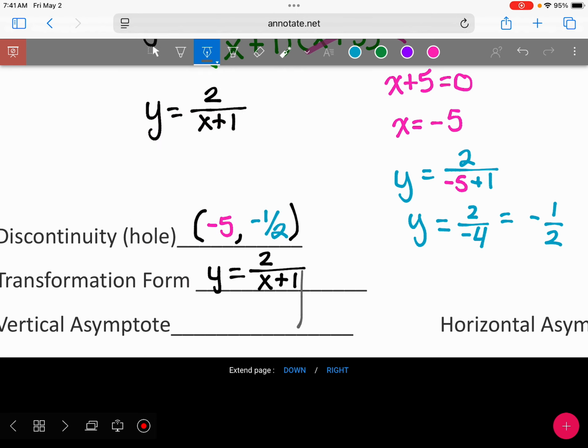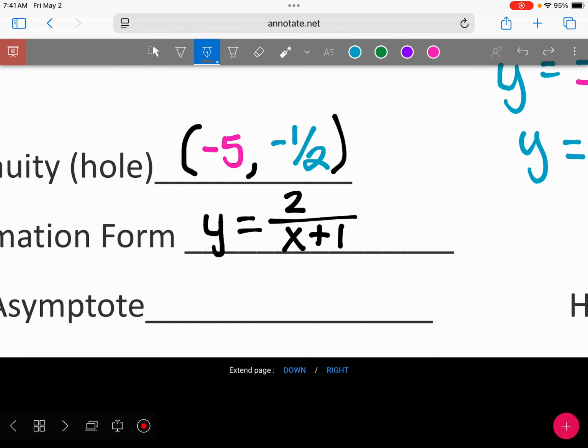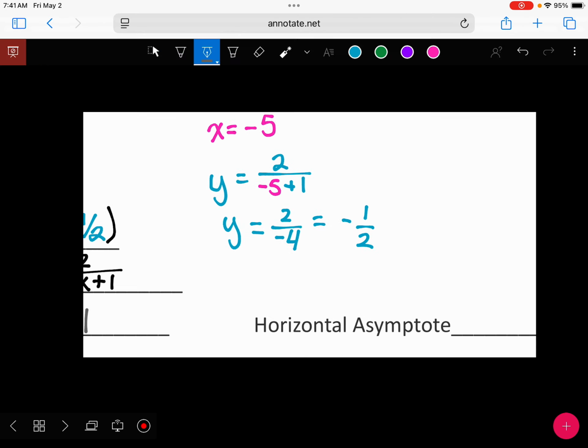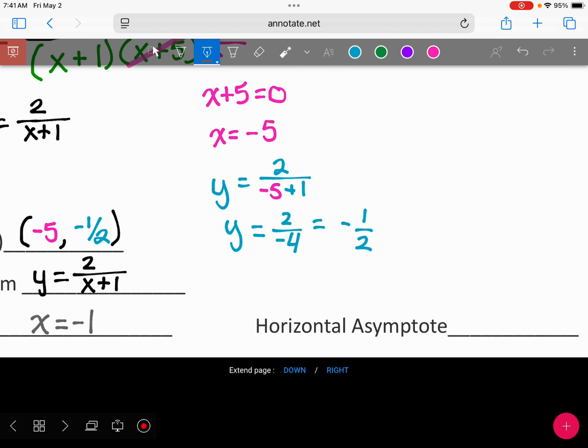So my vertical asymptote is x equals -1. What's my horizontal asymptote? What's my k? 0. So y equals 0. So now I have my 2 asymptotes, I have my transformation form, and we've got this point.